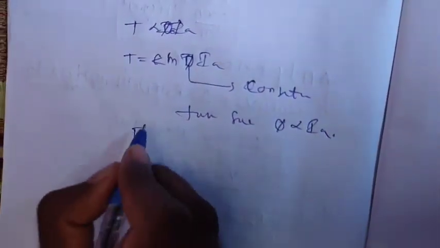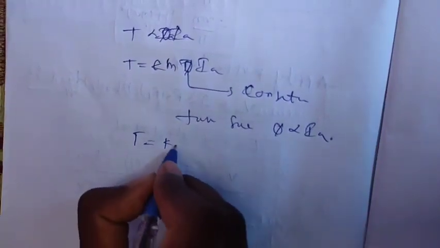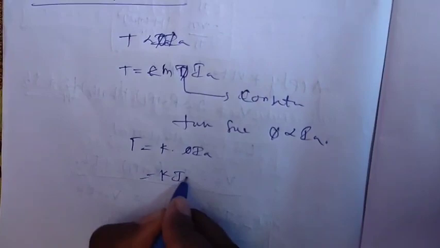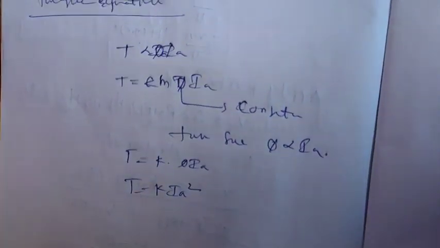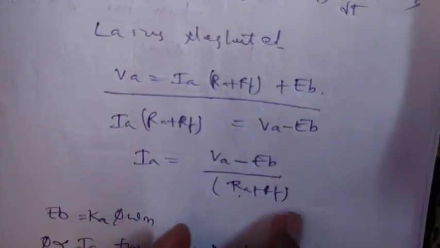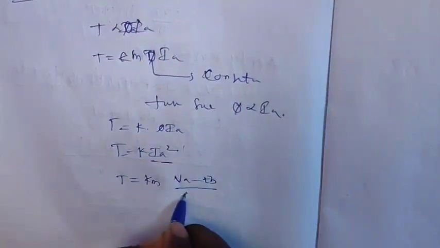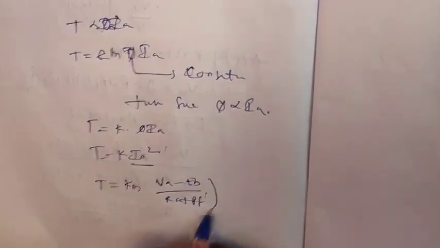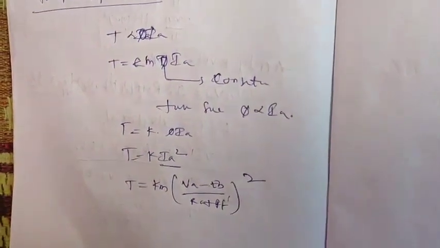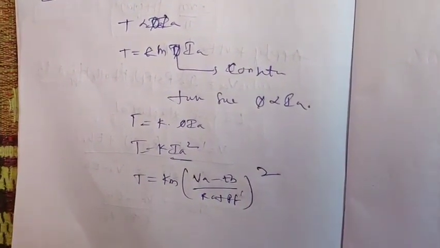So torque equal to constant into phi into Ia, phi is Ia, so torque equal to K into Ia square. And Ia equal to (Va minus EB) by (RA plus RF), so torque equal to K into [(Va minus EB) by (RA plus RF)] whole square. This is about the torque equations.